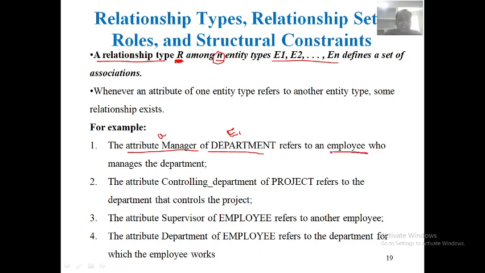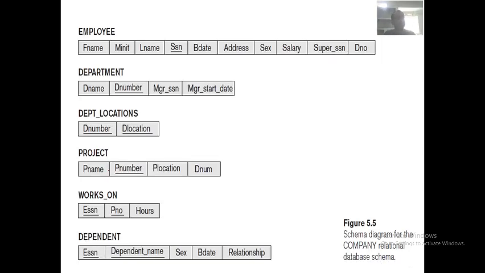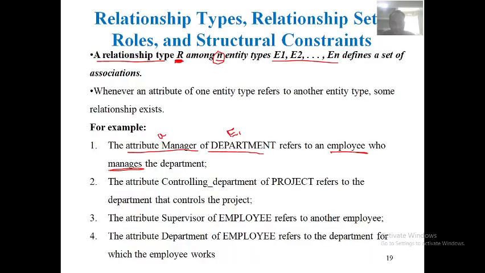Then there is a relationship: manages the department. I'll come back to these examples a little bit later.